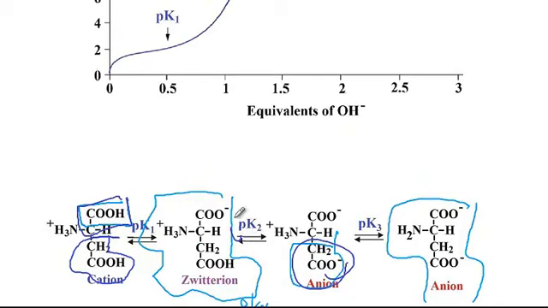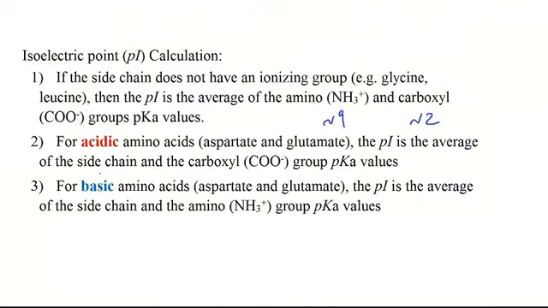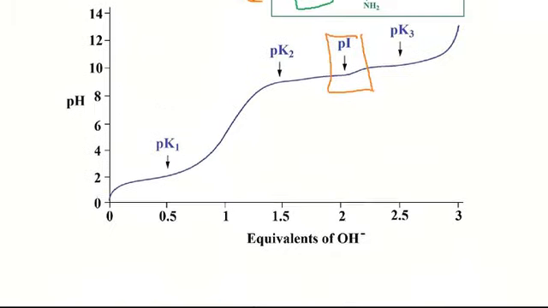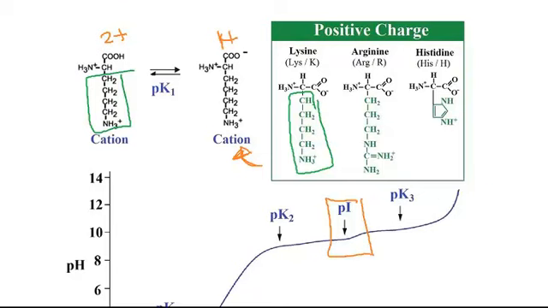The average of these two pKs will give us the isoelectric point for acidic amino acids. Versus if you have basic amino acids, it's the average of pK of the amino group and the side chain. So if we go back again to the second example, the pK of the side chain and the amino group is what gives us the isoelectric point.